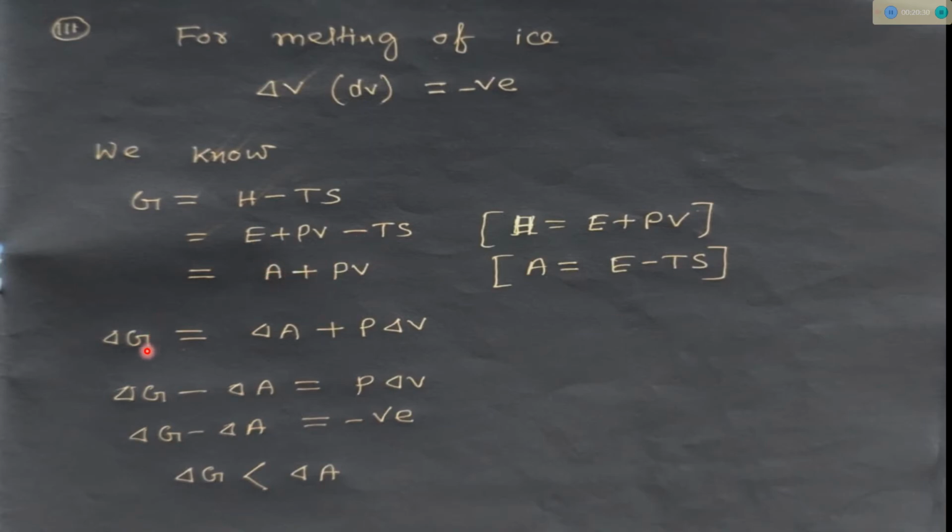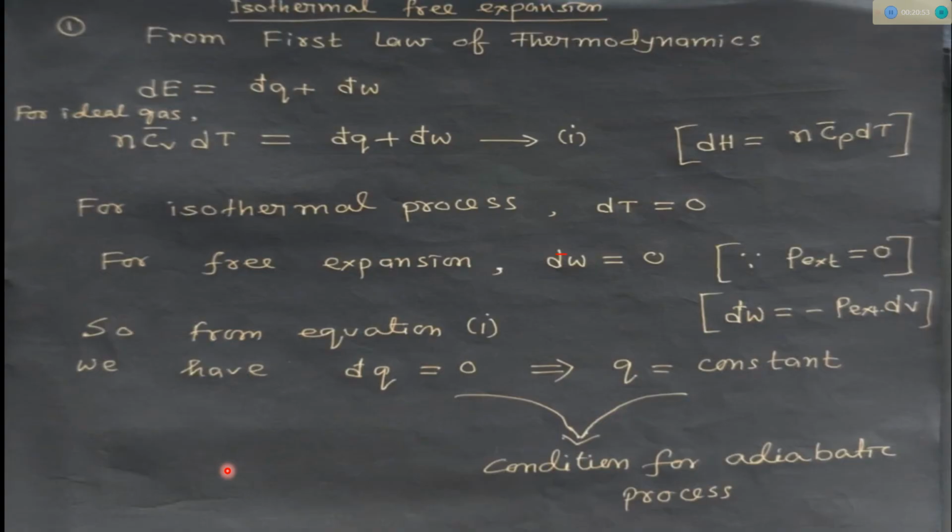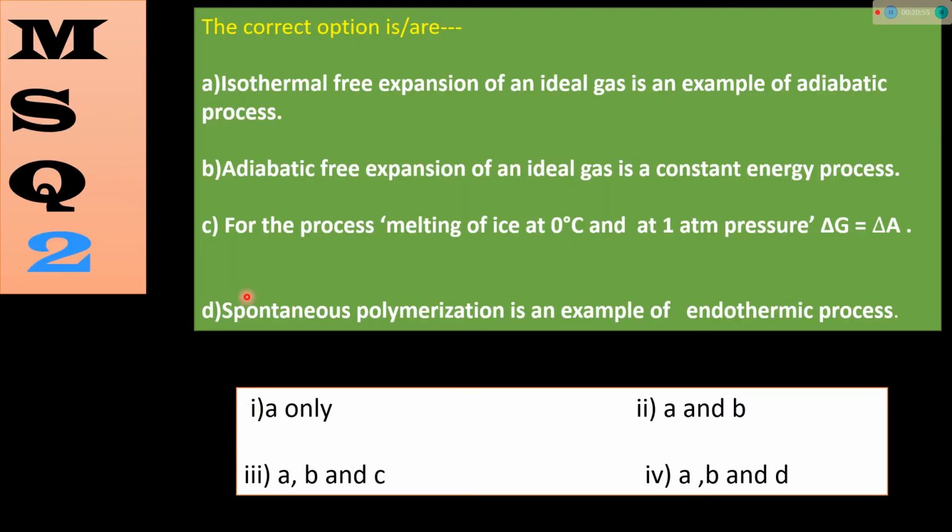Now if we consider the change of all these terms, del G becomes del A plus P del V. P is constant, that's why we cannot consider the change in P. So now del G minus del A becomes P del V. P का वैल्यू इसमें 1 है, del V नेगेटिव है फॉर दिस प्रोसेस, सो दिस होल टर्म बिकम नेगेटिव. Since del G minus del A is negative, we can say del G is less than del A. So the statement 3 is wrong.